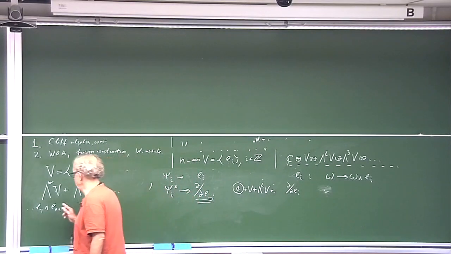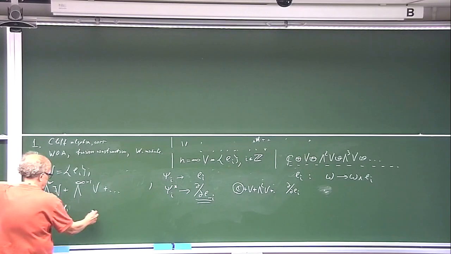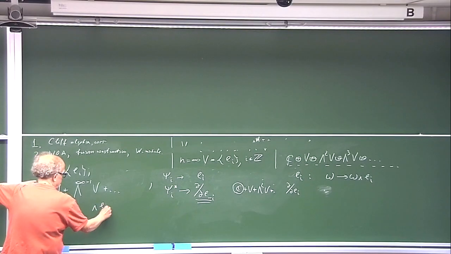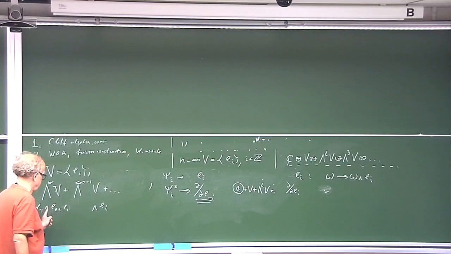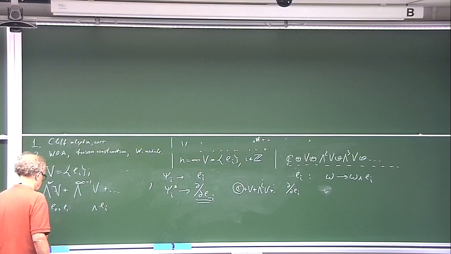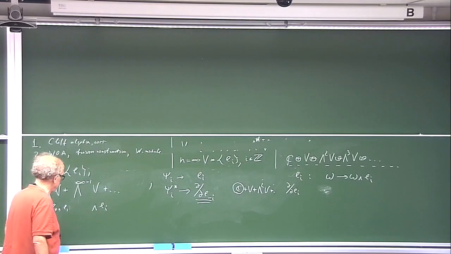And now, if I have this infinite product and multiply by e_i, it will be 0, because in this infinite product we already have such an e_i, and if we take one more product, it will be 0.